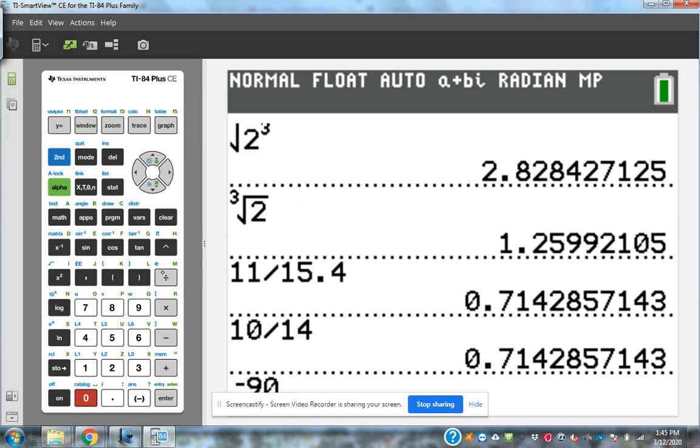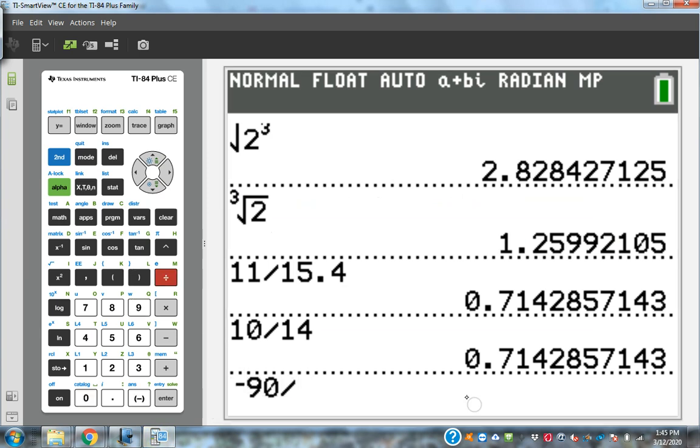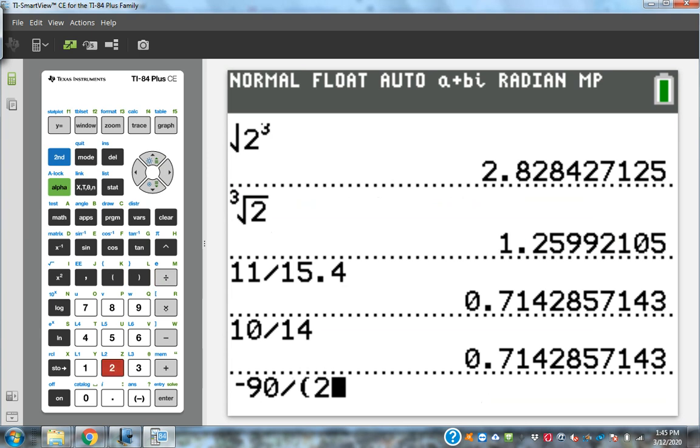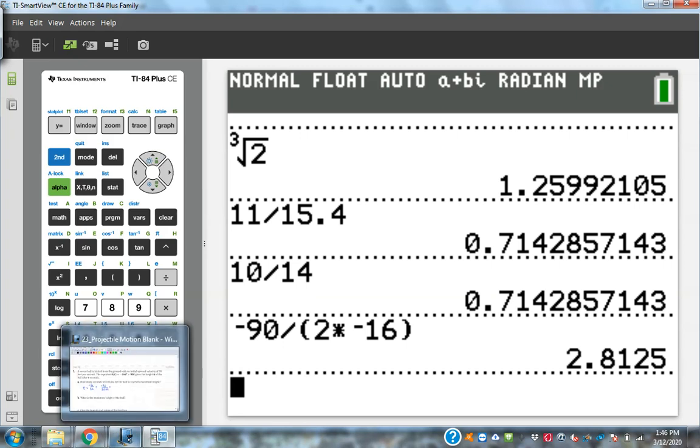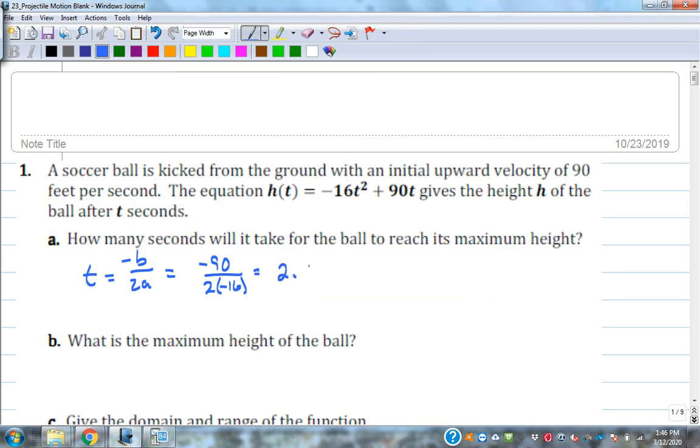Negative 90 divided by parentheses 2 times negative 16. 2.8125. I'm going to go all those decimal places because that's not too far. 2.8125 seconds. So when this soccer ball is kicked in 2.8 or almost 3 seconds, it gets to its highest point, and then it starts falling down.